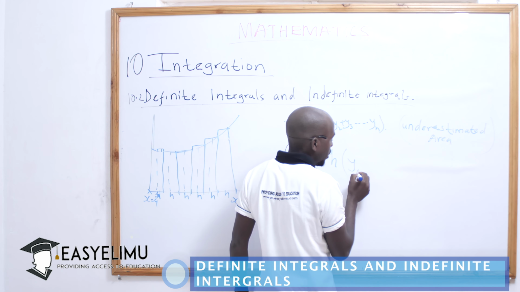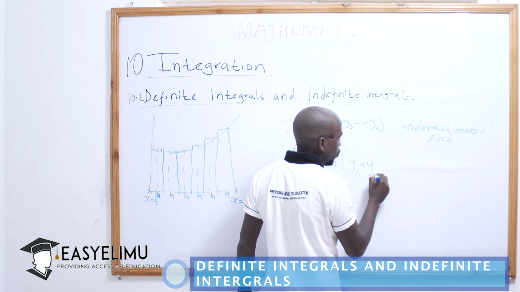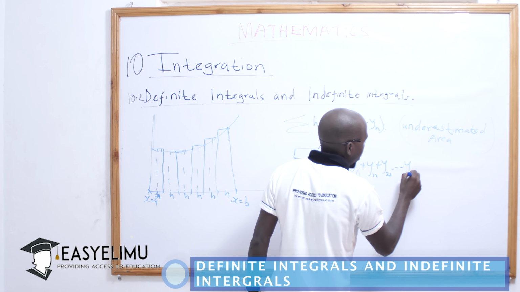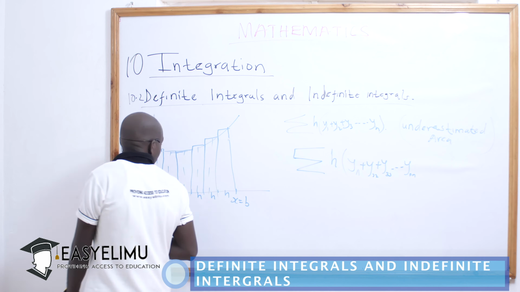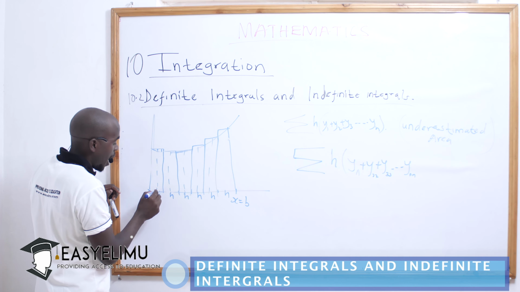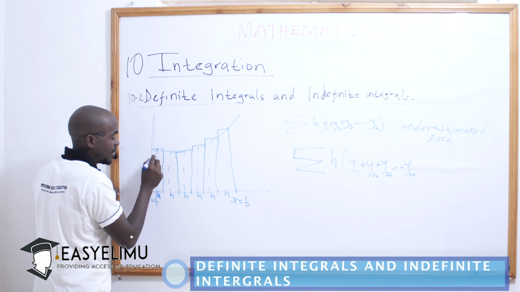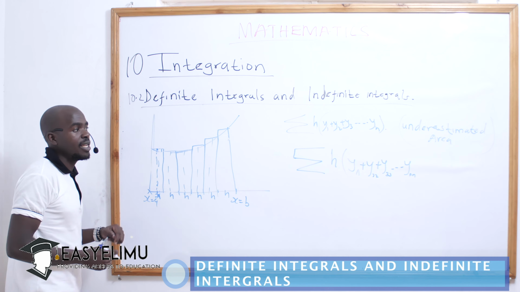So y11 plus y22 plus y33 up to yn, whereby those are now the new heights or the new mid-ordinates of the overestimated area.